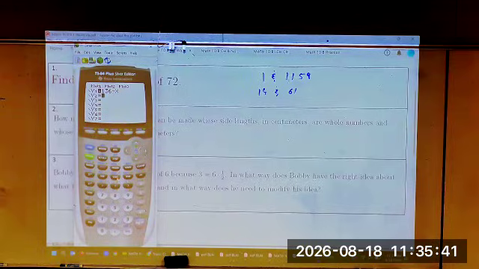Then I'll go to the y equals function, y sub 1 divided by 136.